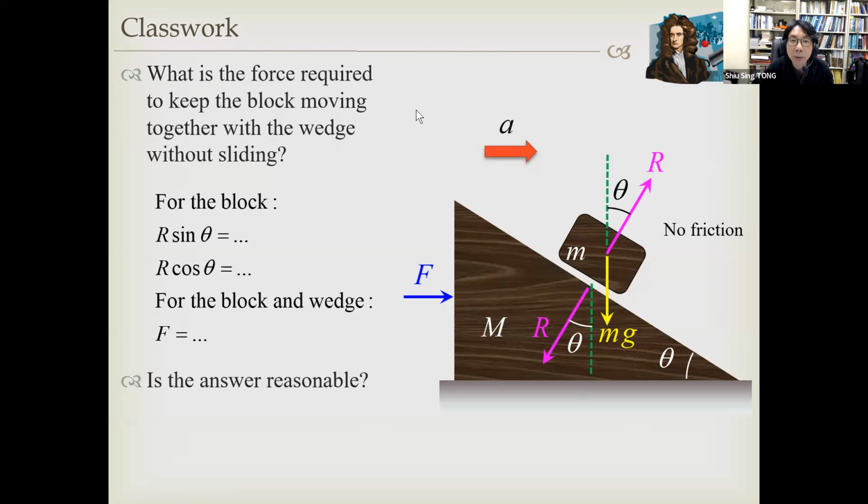M plus, yeah, you got it correct. Great. Any other student who has finished the calculation? Please let me know.